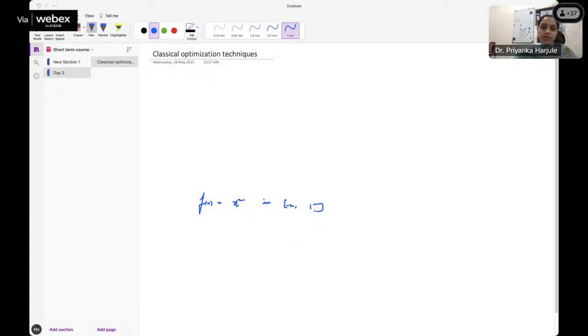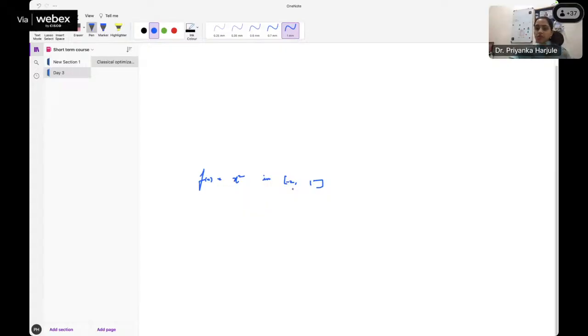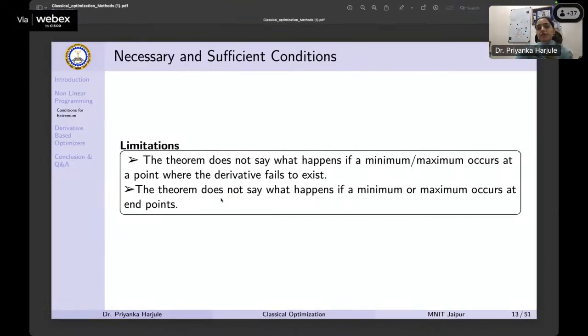This function has a maximum at this endpoint -2, and the necessary or sufficient condition does not say anything about the nature of this function. So these are the two cases where this theorem, this result, fails. So this is kind of an open problem.